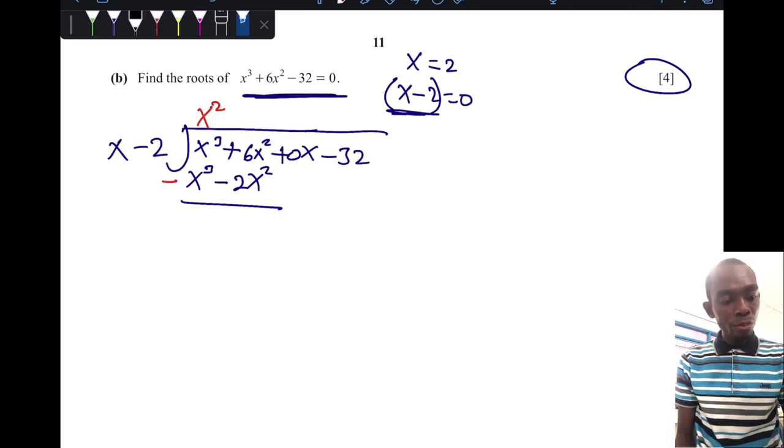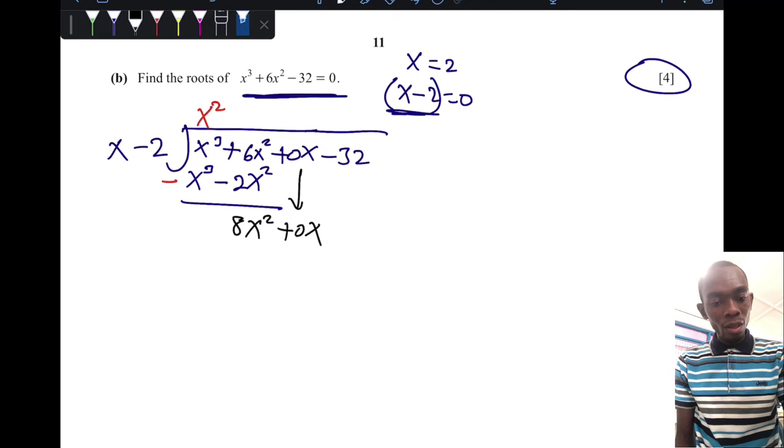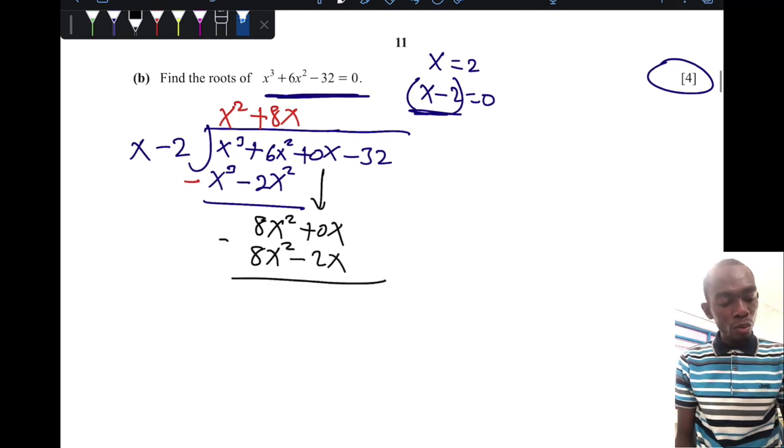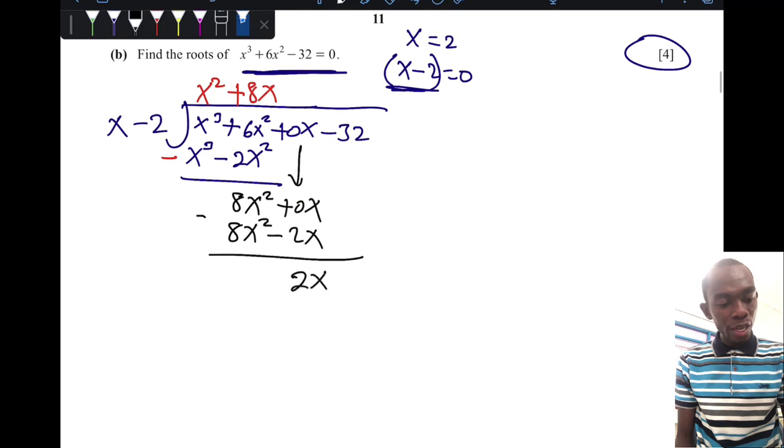Okay, when you subtract, you get 8x squared, and then drop this one down, so you have plus 0x. x will go into 8x squared, that's 8x. And then you use this 8x to multiply everything here. So you are going to get 8x squared minus 2x. You subtract. So that will give you positive 2x. Drop the negative 32 down.